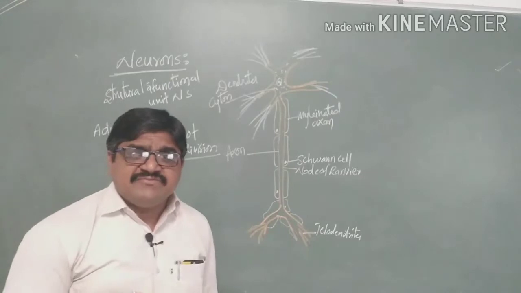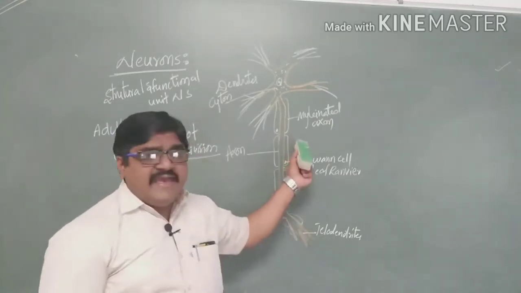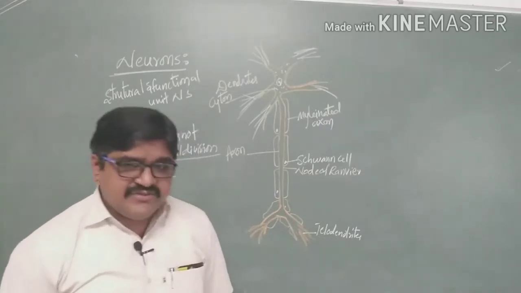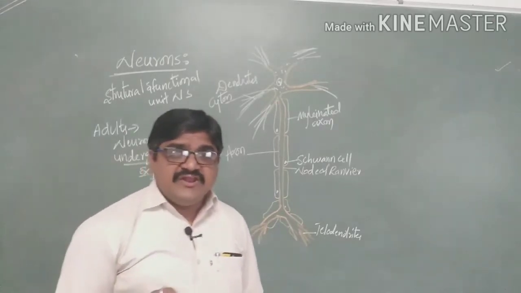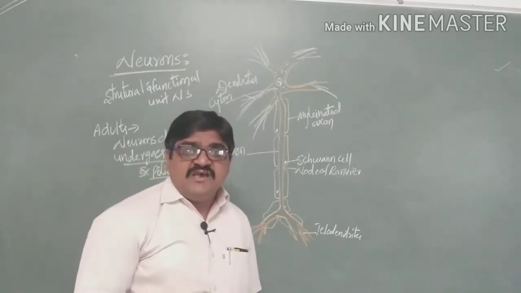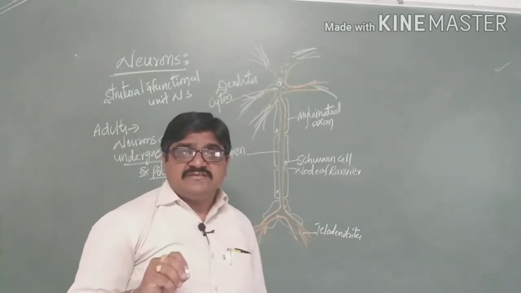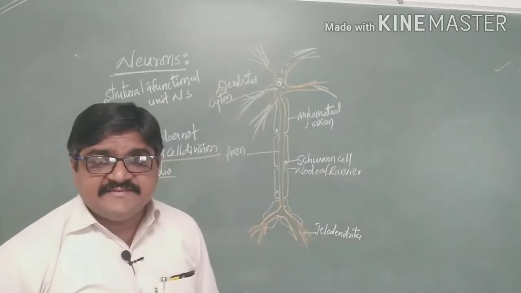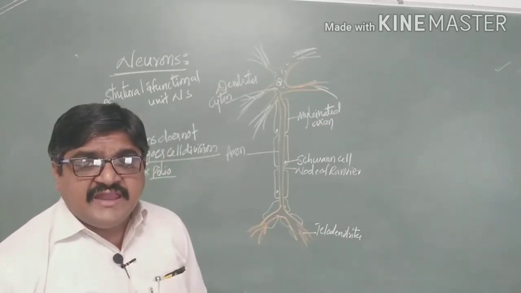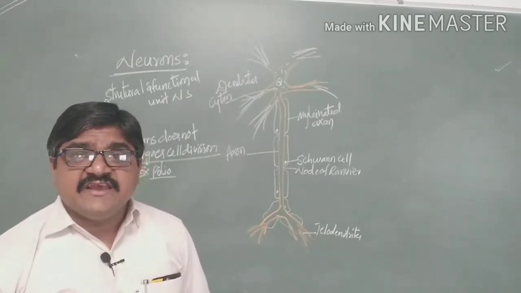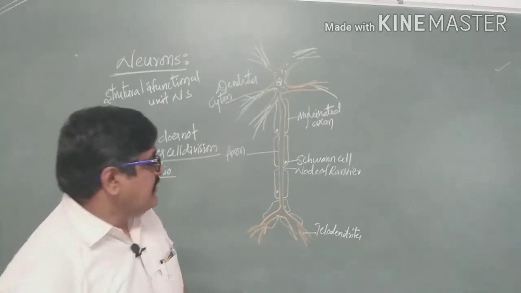Non-myelinated neurons are those where the myelin sheath is absent. They are present in invertebrates, where information is delayed.